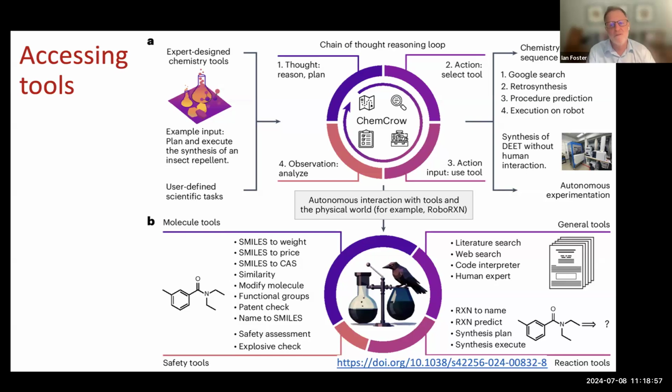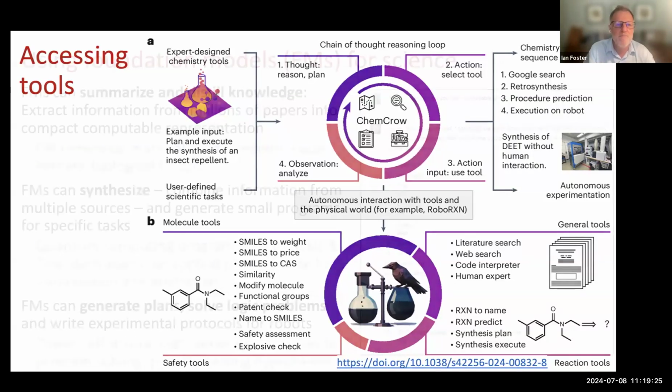And then it's asked to solve problems like come up with a synthesis recipe for the DEET insect repellent, which it's able to do to the level of actually generating instructions for particular robotic equipment. So if you just asked ChatGPT to do that, it wouldn't be able to, but with these extensions, its capabilities are greatly improved. So I look forward to hearing more about that later.